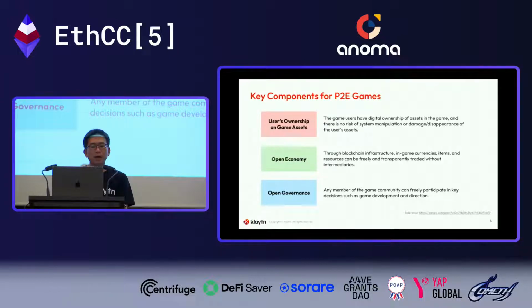So in-game currencies, items, and resources can be freely and transparently traded without intermediaries through blockchain technology and blockchain infrastructure. And the last, but not the least, open governance is the key point, because through this open governance, any member of the game community can freely participate in key decisions such as game development and direction. But not all of the P2E games have this component, but they are trying to have this component inside their implementation.